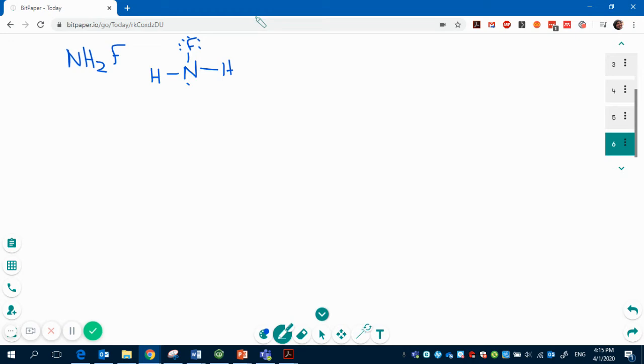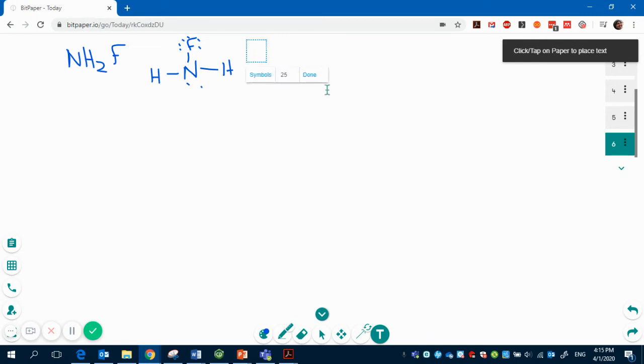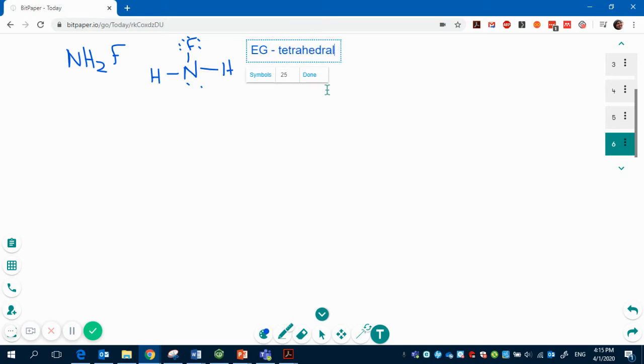That means the electron geometry is going to be tetrahedral. Molecular geometry is going to be trigonal pyramidal. And what is that going to look like? Well, exactly like everything else we've drawn so far.